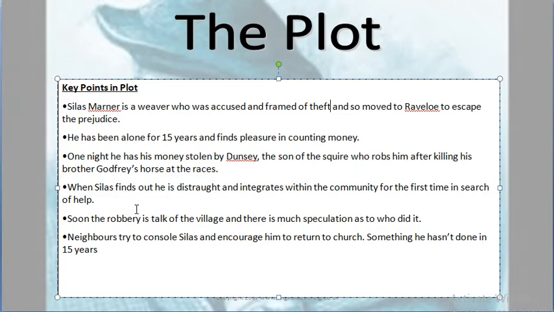When Silas finds out, he is distraught and integrates within the community for the first time in search of help. Soon the robbery is the talk of the village, and there is much speculation as to who did it. Neighbors try to console Silas, and encourage him to return to church, something he hasn't done in 15 years.